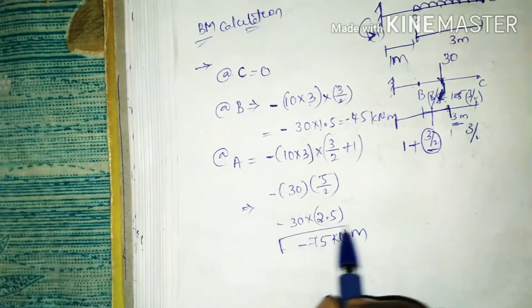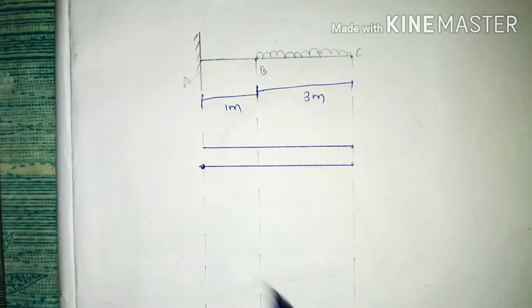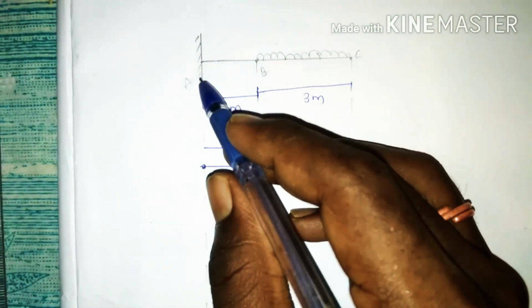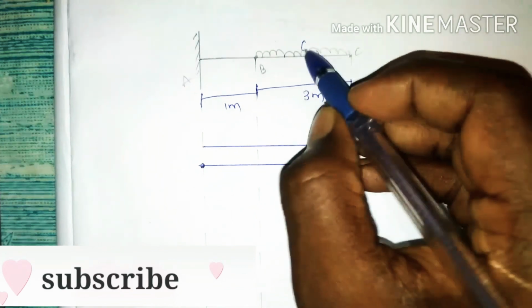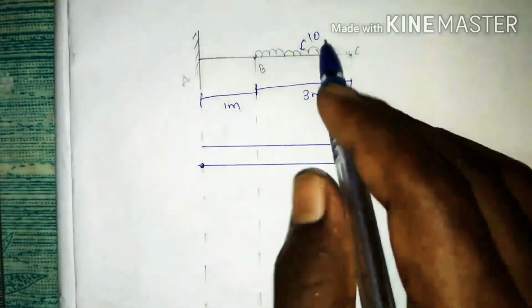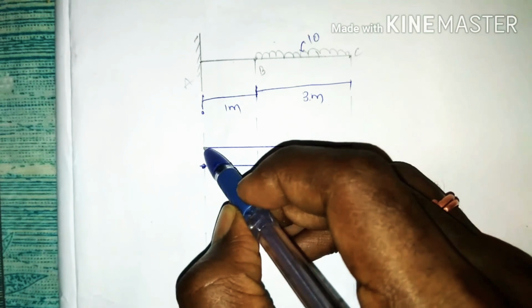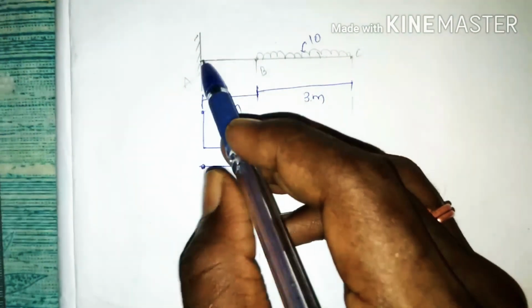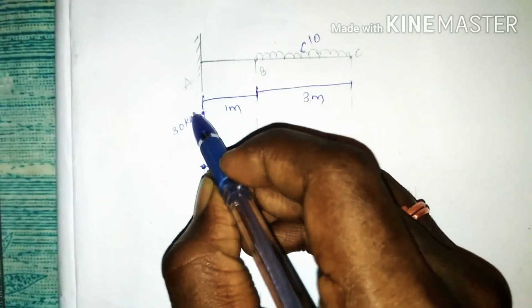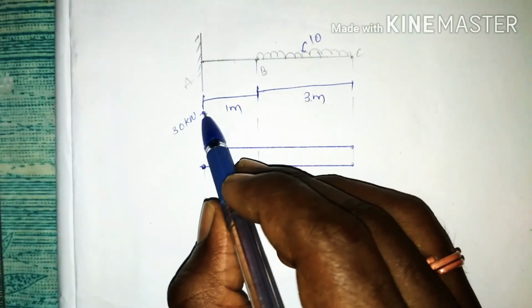From these values of bending moment and shear force, we are going to draw the diagram. Here we are having RA, B, C. The value of RA is equal to 10 into 3, that is 30 kilonewtons, and from A to B there is no load, so I am going with a straight line.